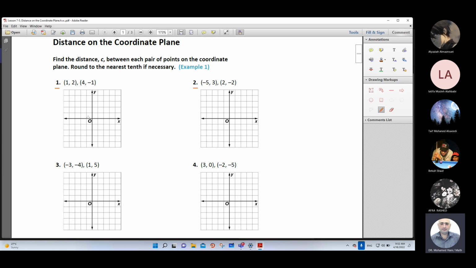So as you see here, we have a coordinate plane, and here we have two ordered pairs. At first, represent the points in the coordinate plane. Here you have 1 in x and 2 in y. Always the first value is x and then y. So (1, 2): this is 1 and this is 2.